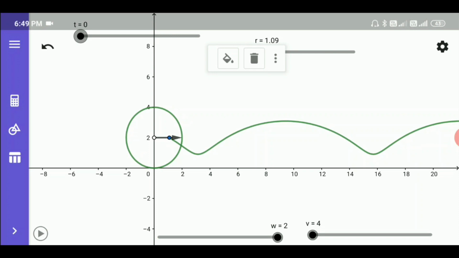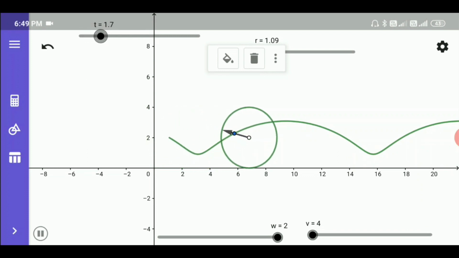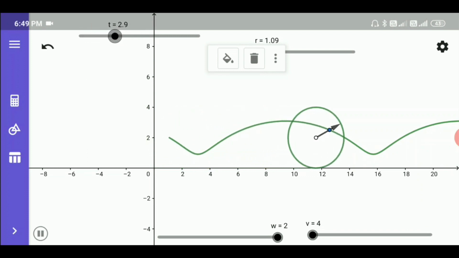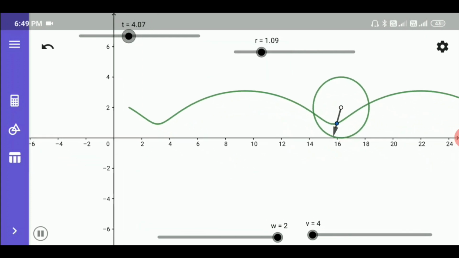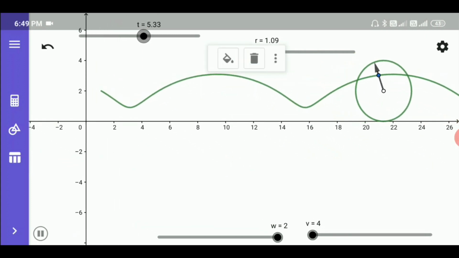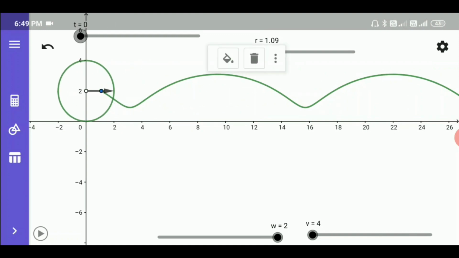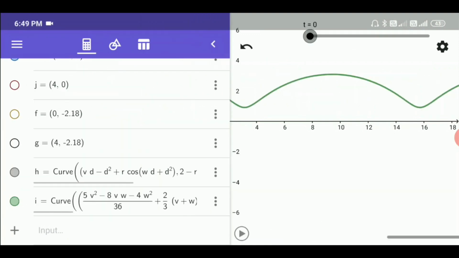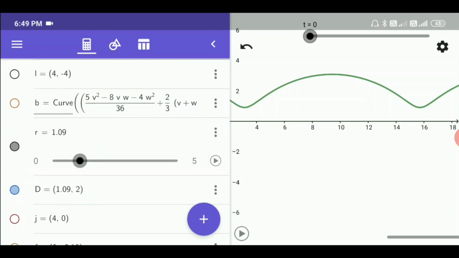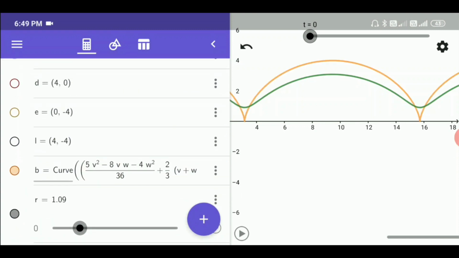So we can say that for a point inside the rotating disk, the velocity relative to the ground never becomes zero. We can play the video again for you, and you can see how it rotates along the axis and traces the curve like this. I will also bring that yellow cycloidal curve again for you to compare the difference between those two.